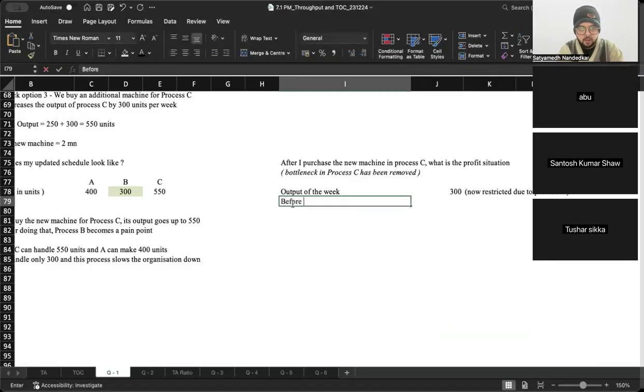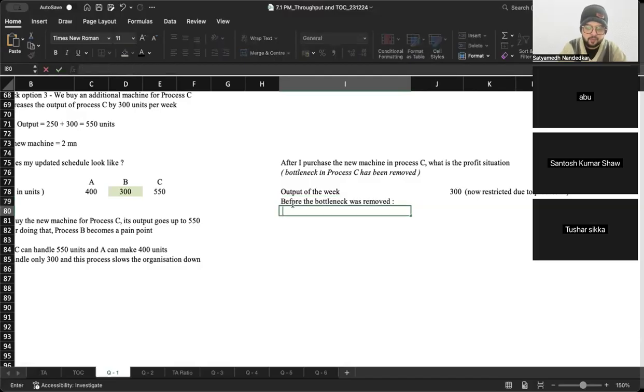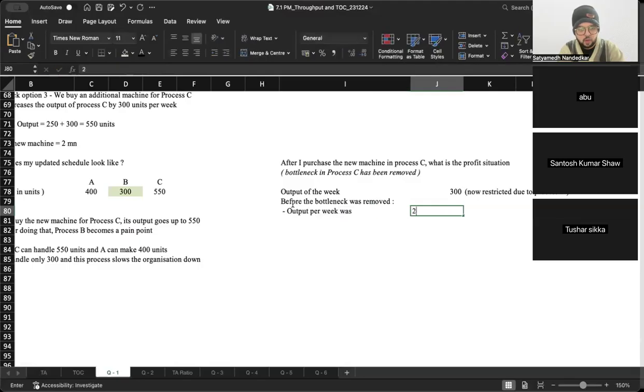Before the bottleneck was removed, output per week was 250 when C was the bottleneck. Okay.